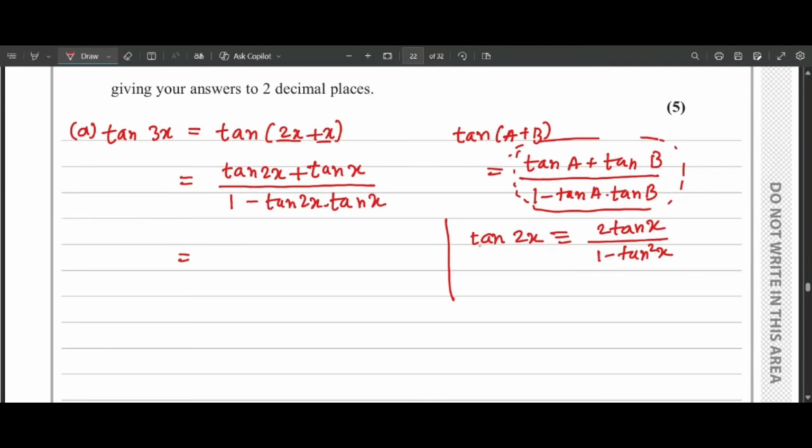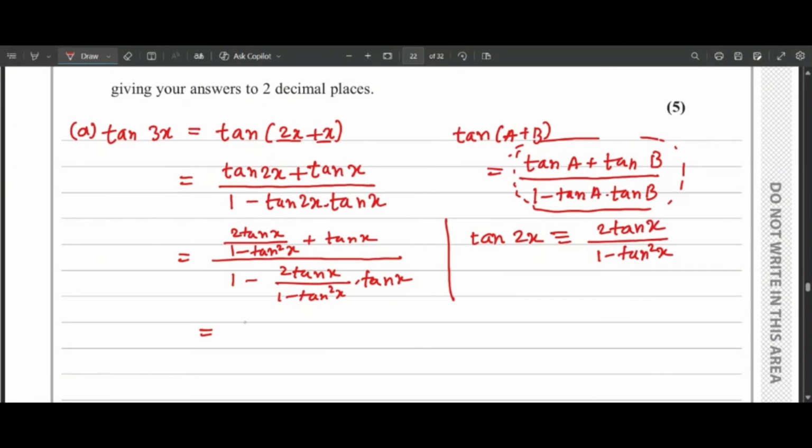This is the identity for tan 2x. So we can just substitute this identity into our expression. We can write 2 tan x divided by 1 minus tan square x plus tan x as the numerator, and then we can write 1 minus 2 tan x divided by 1 minus tan square x into tan x as our denominator.